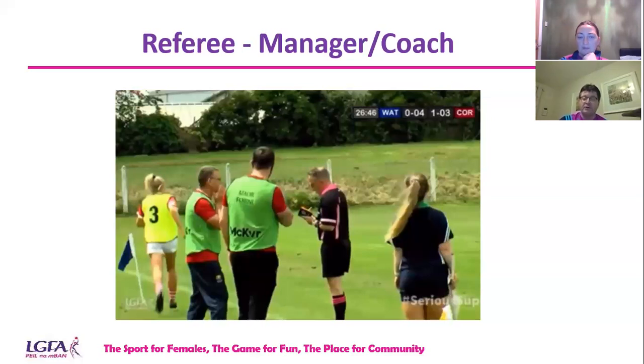Bring that woman in and say, look, these guys can't speak to me this way. They can't speak to the players that way. Can you please tell them to tone it down? If not, I'm going to have to bring in discipline to deal with this matter. And if that doesn't work, then eventually you have to go to the final scenario of putting them outside the pitch for the rest of the game and reporting them accordingly.